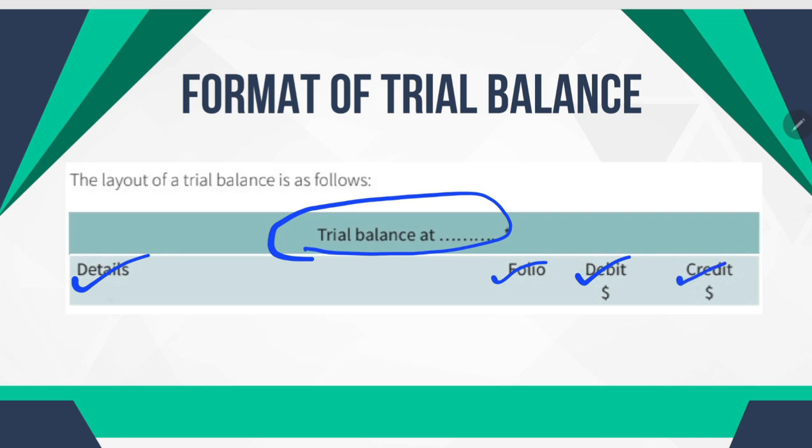Under the details column, we write the names of ledger accounts. The corresponding amounts are entered in the debit or credit column based on their balances. By following these steps, we can easily prepare a trial balance.